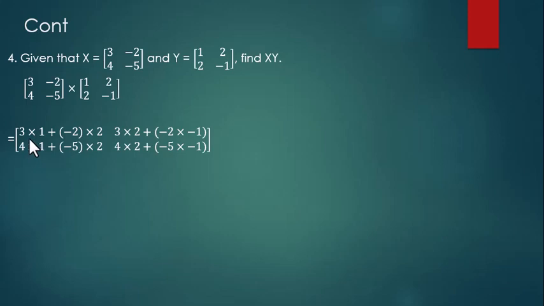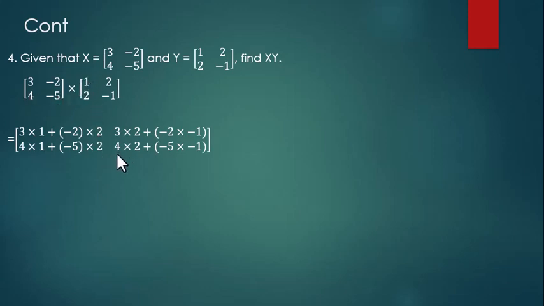Then on the bottom side, second row, first column, we have 4 multiplied by 1, then negative 5 multiplied by 2. Then this becomes our second row, first column.